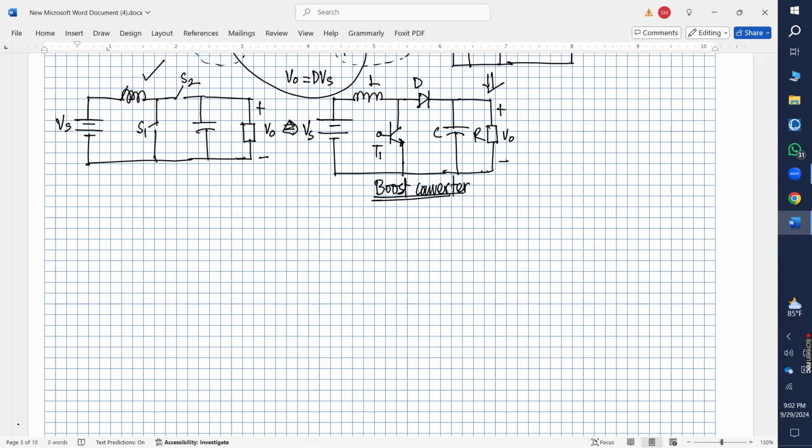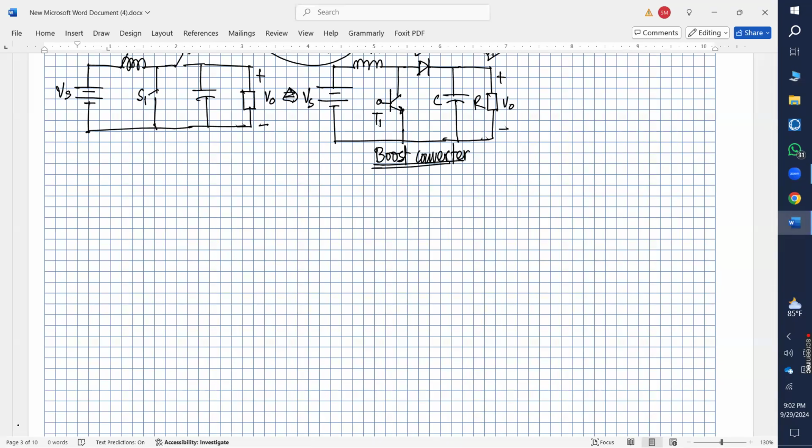So now, similar to the previous case, suppose we are considering the gate voltage, like this is my VBE. This VBE is on for a certain period, and then it is off for a certain period.